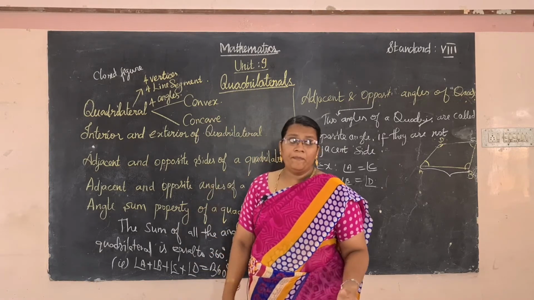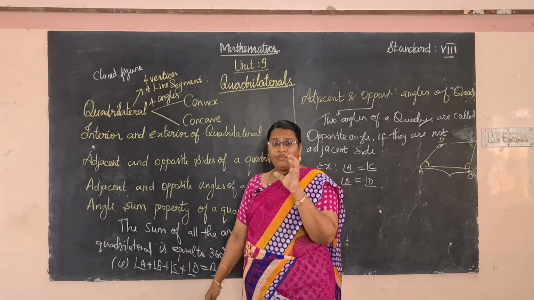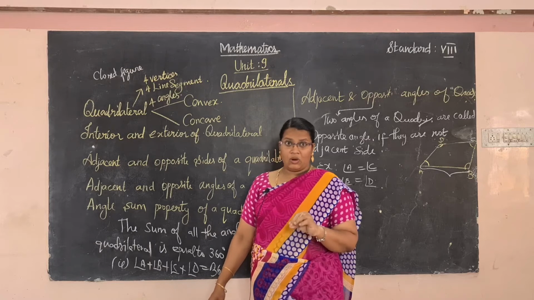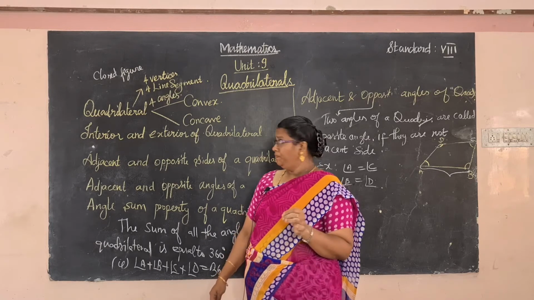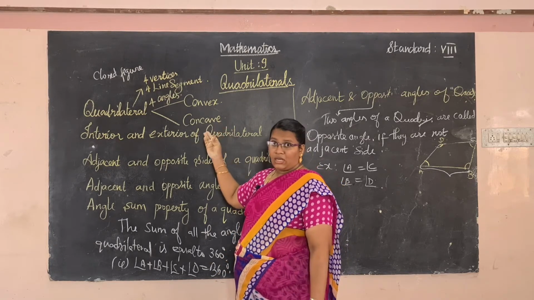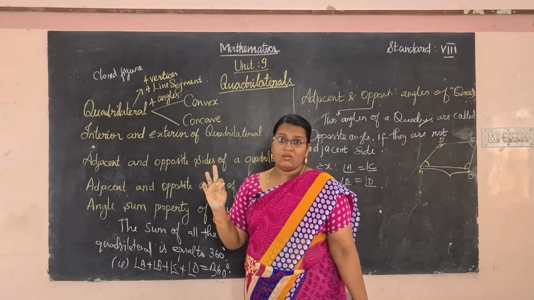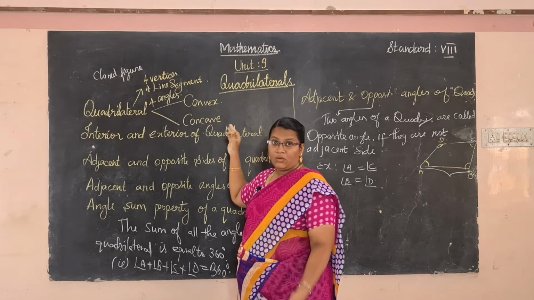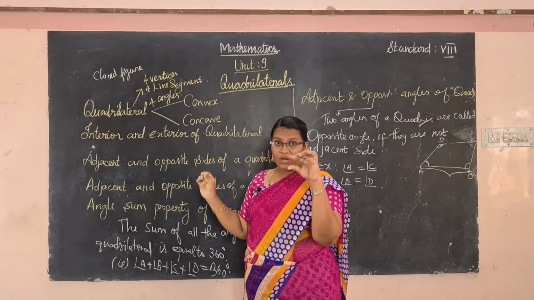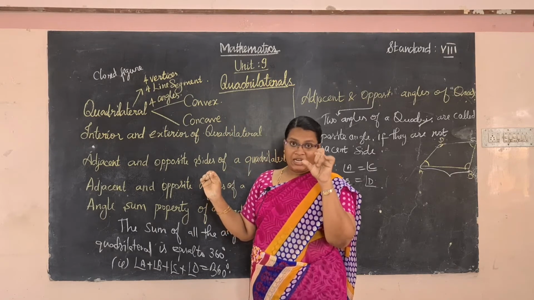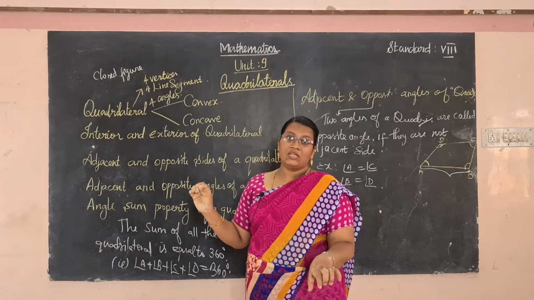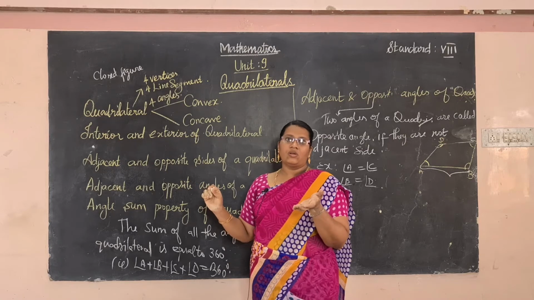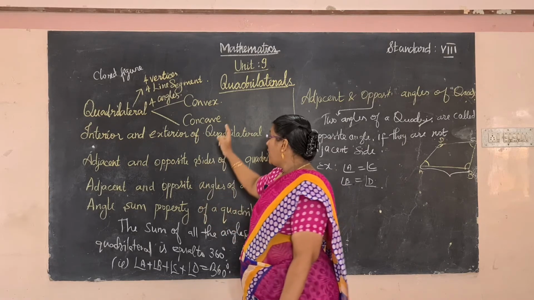Concave means if we consider 2 points lying inside of the quadrilateral, the line segment may or may not be inside. Already you have seen an example also. If the line segment is not inside of the quadrilateral, that is called the concave quadrilateral.